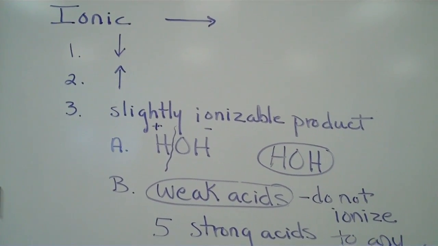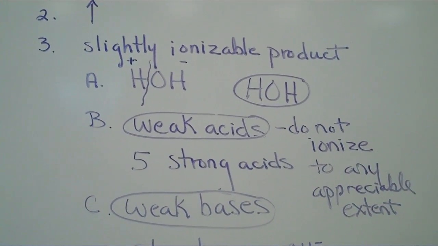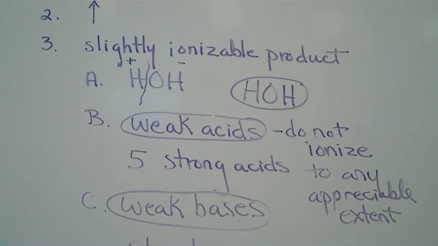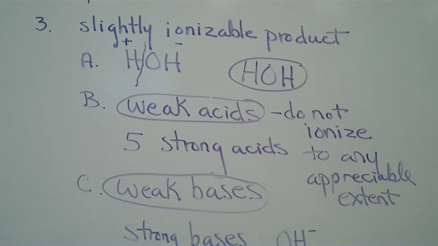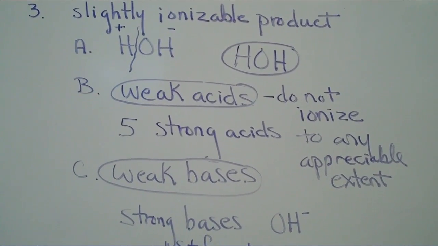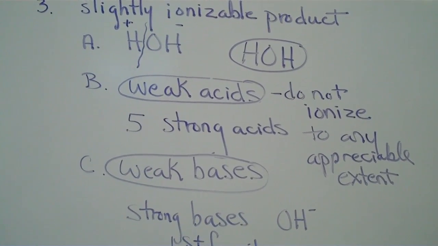Leaving the gases, we then look at slightly ionizable products. Water is the most common slightly ionizable product. It does not split up to form ions. It remains neutral molecules when placed in water. Weak acids do not ionize to any appreciable extent.